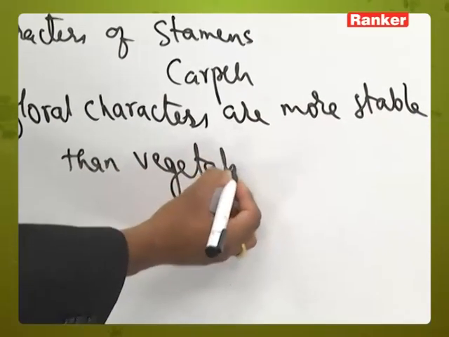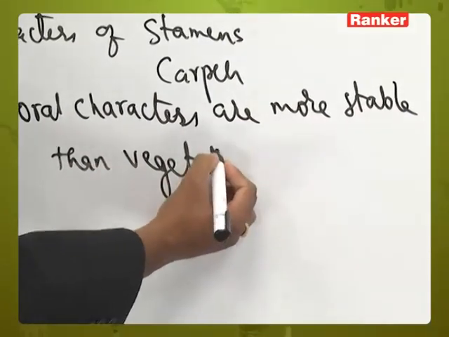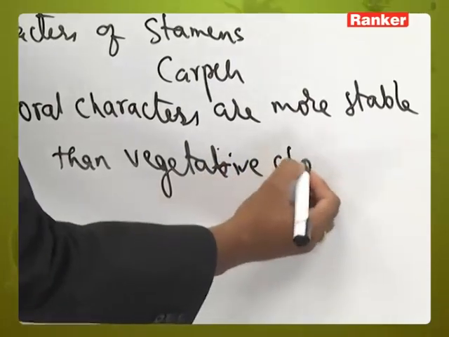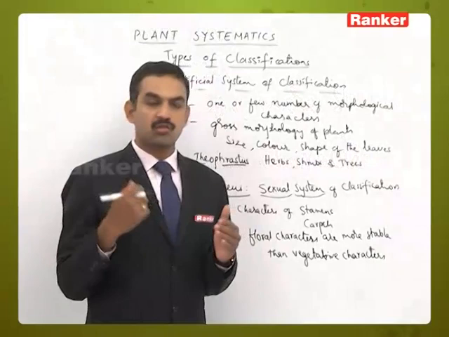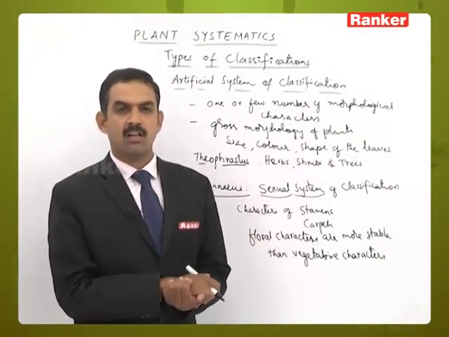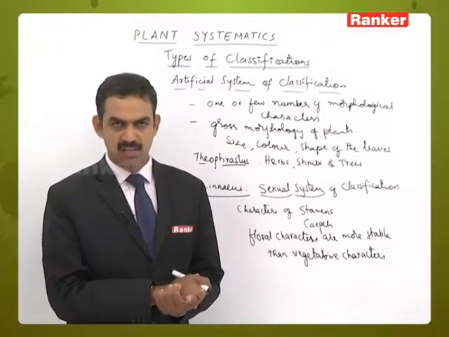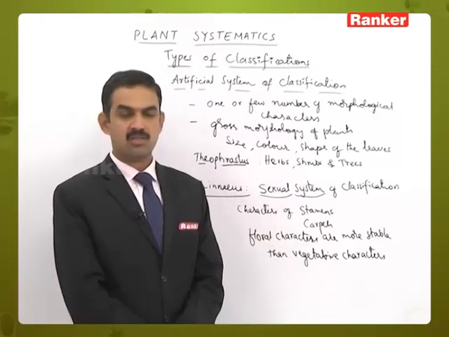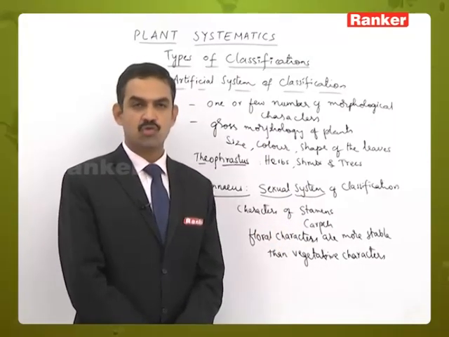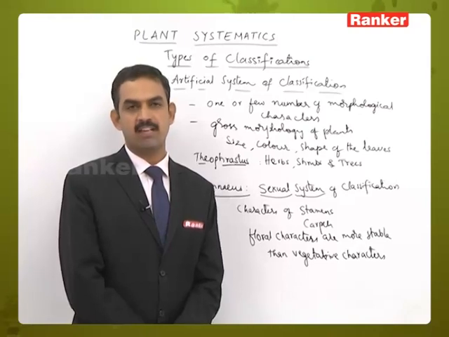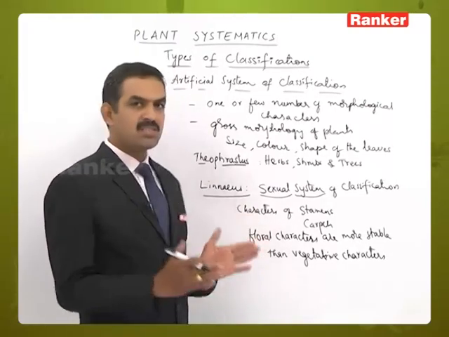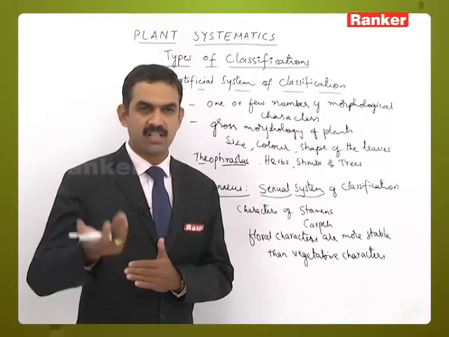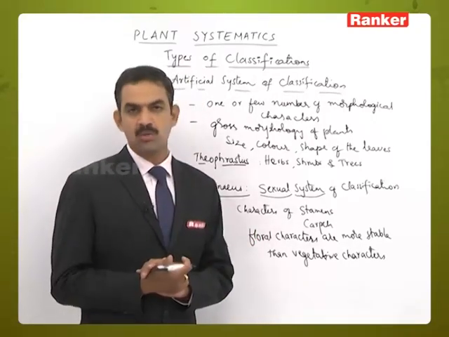Simply to say, there is a possibility of change in vegetative characters according to changes in environmental conditions, but the floral characters do not change easily based on environmental changes. So floral characters remain stable, remain the same for more generations when compared to the vegetative characters.